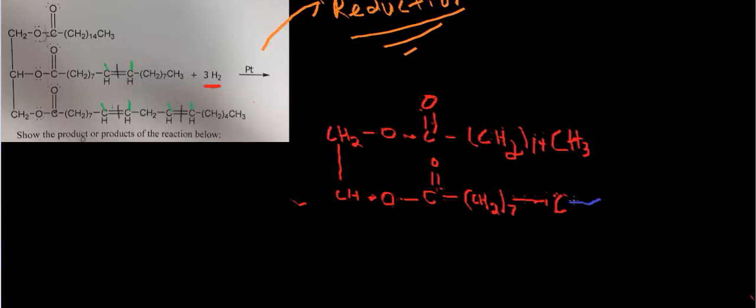There we go. You have your original hydrogens from the previous structure still there. Nothing happens to those hydrogens; they remain there. But you have 2 new hydrogens because you reduced that to a single bond.